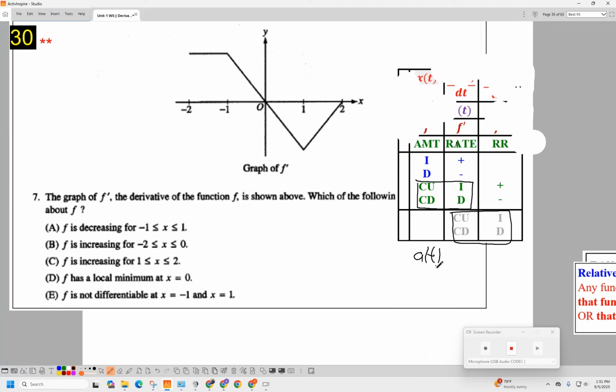So you might be tempted to put the A of t over here, which we will do in some problems. But in some problems, it's going to make more sense to put it in the first column, because they're then going to ask you about the derivative of A, which would be this column, A prime. So it really doesn't matter. Does that answer your question, Hannah?